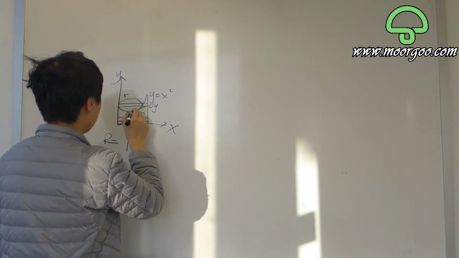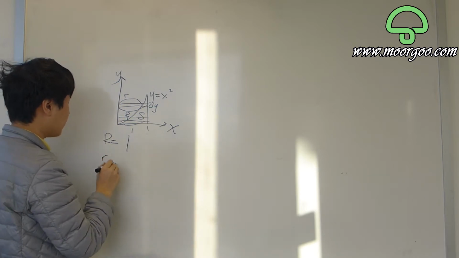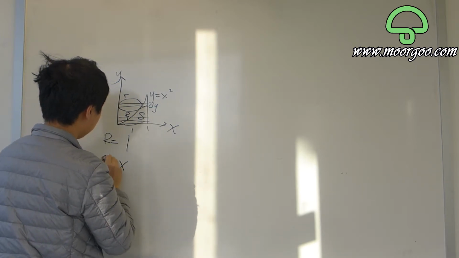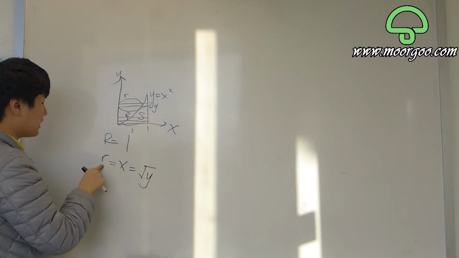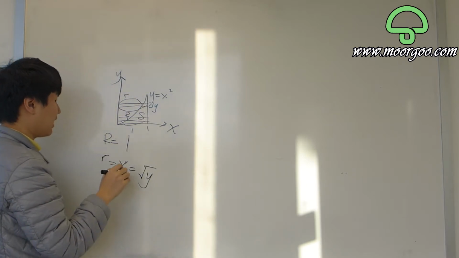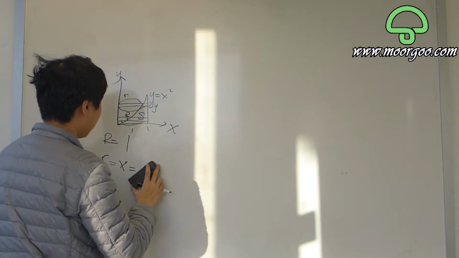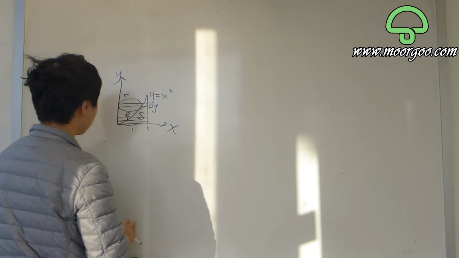But how do we find lowercase r? In terms of x, lowercase r is x, which is in turn equal to the square root of y.